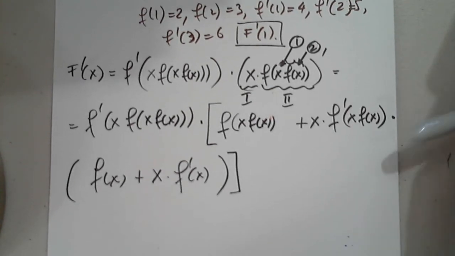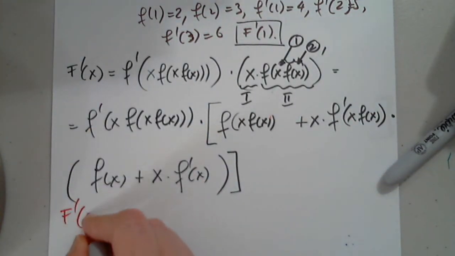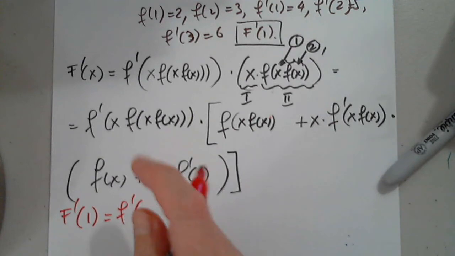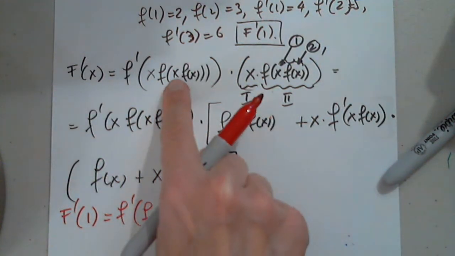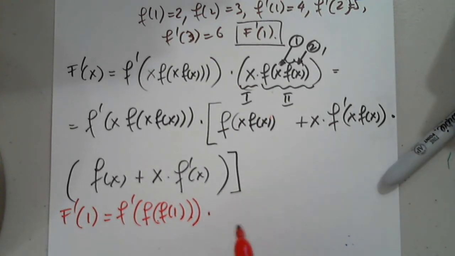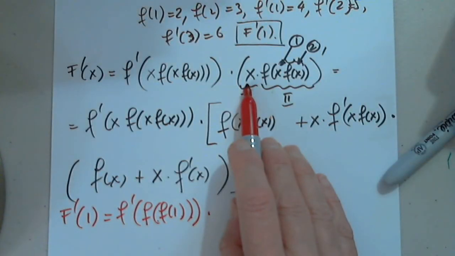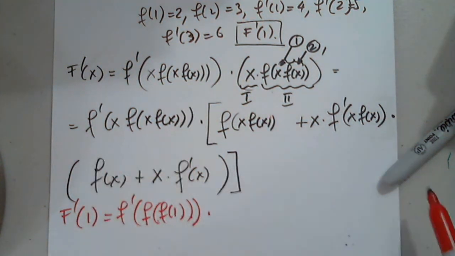Now I don't have a problem plugging in 1. f prime of 1 equals f prime of, I don't have to write it 1 here. I'm just going to say f, this is 1, of f of 1. 1, 2, 3. Times, I don't have to write 1 again. Oh, I'm here. Sorry. Not there.